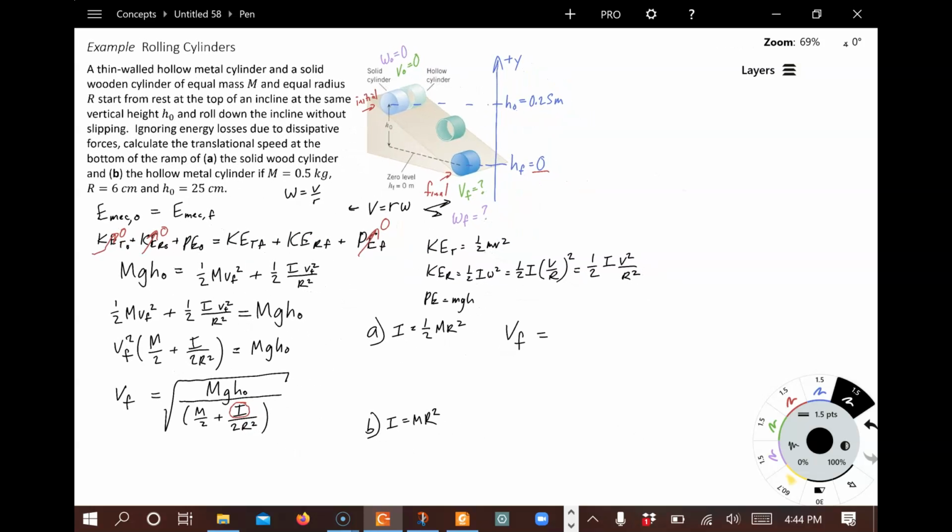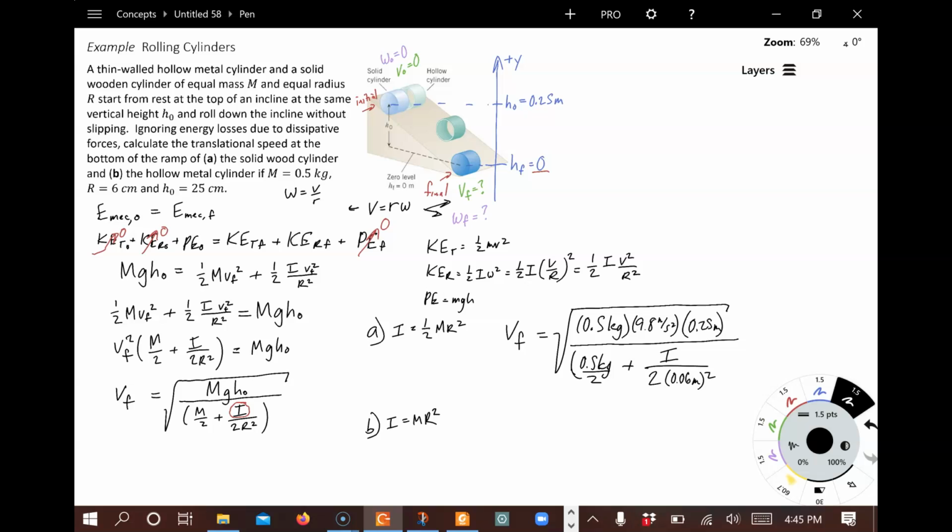So this is going to be mgh0, 0.5 kilogram, times g, 9.8 meters per second squared, times h initial, 0.25 meters, all divided by the mass, capital M, 0.5 kilograms, divided by 2, plus, now I'll leave this I for a moment here, and I'm going to divide by 2 times R, which in this case is equal to 6 centimeters, that's 0.06 meters.